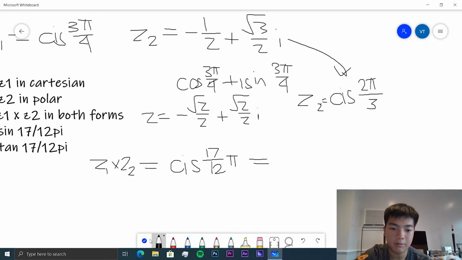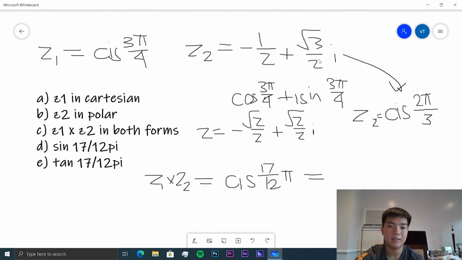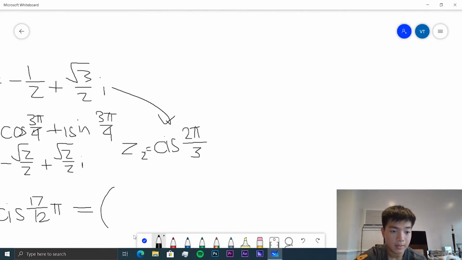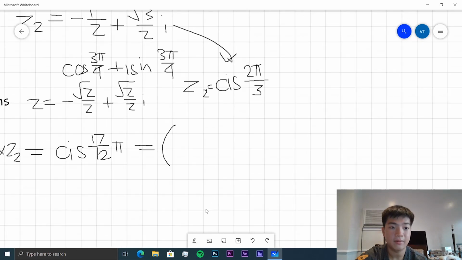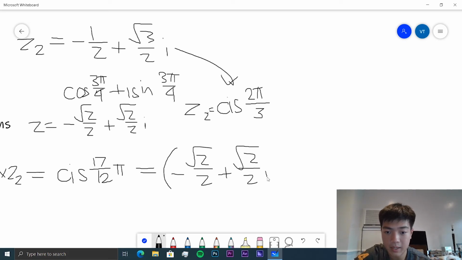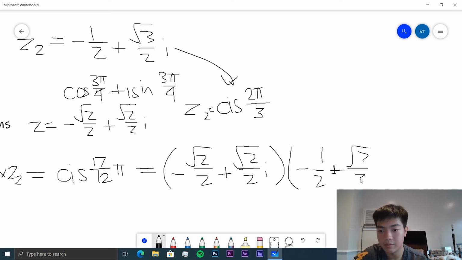And it's also equal to, if we simply multiply z1 and z2 in the Cartesian forms, negative square root 2 over 2 plus square root 2 over 2 i times -1/2 plus root 3 over 2 i.